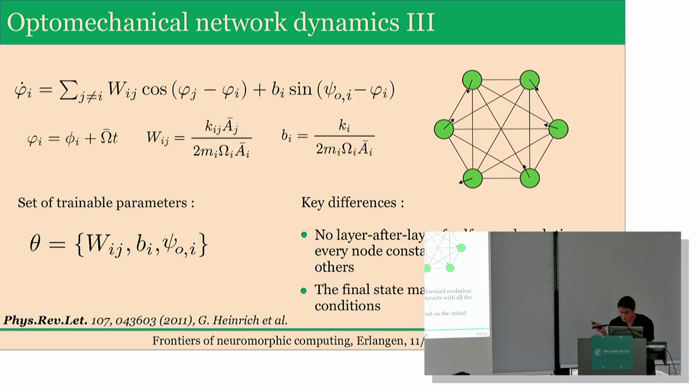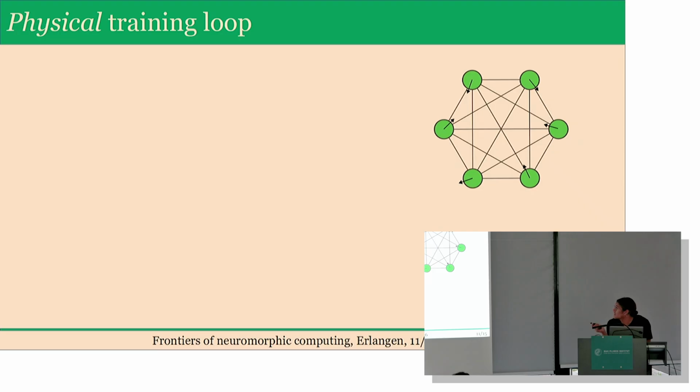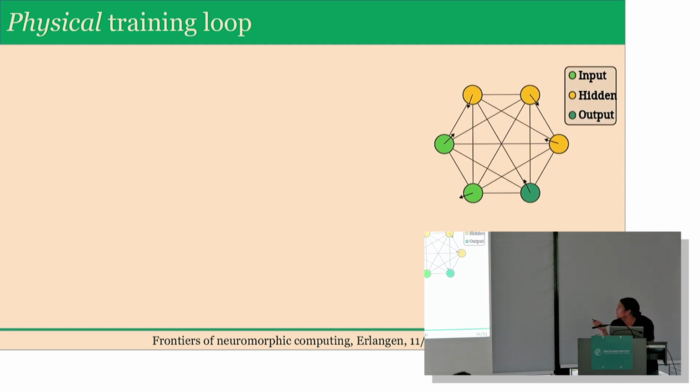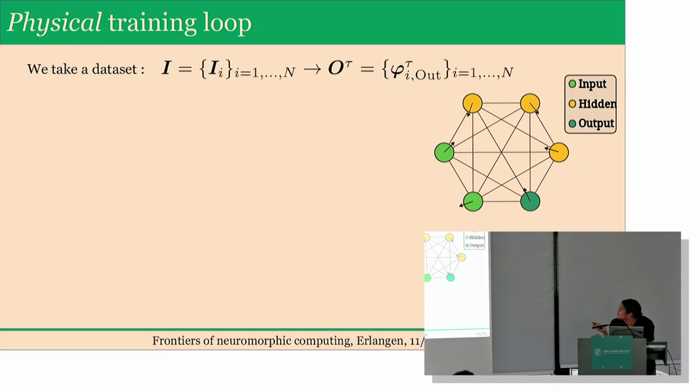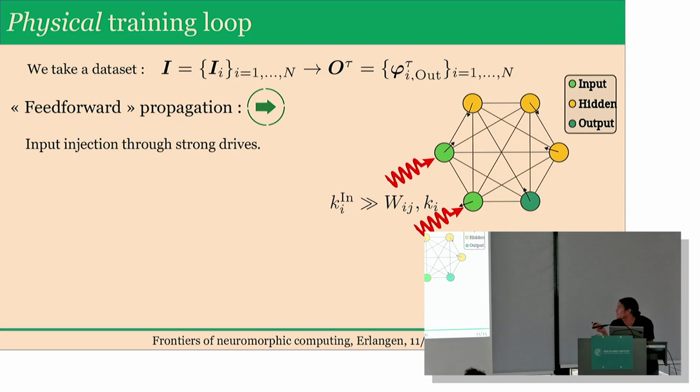So from here, we can finally describe the physical training loop, which is pretty standard, I would say. You take your network, you decide which are the input, hidden, and output nodes, and then you start the loop. You take your dataset and start the feed-forward propagation, meaning that you inject your inputs. This can be achieved through the input nodes using way stronger biases for the inputs only.